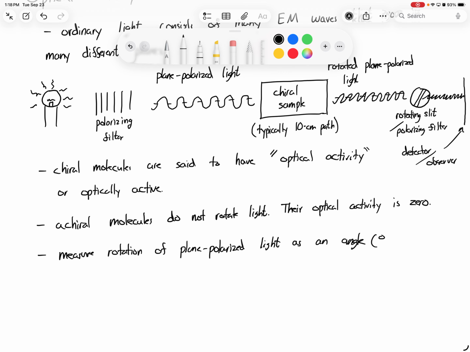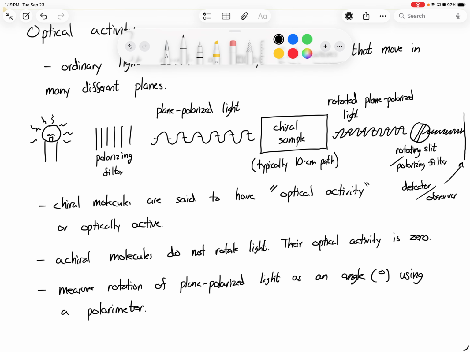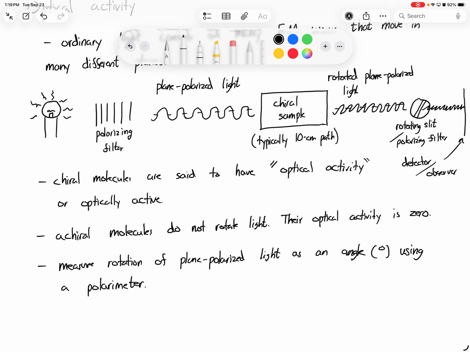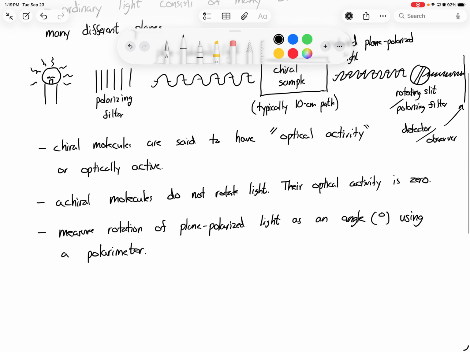It's usually some number in degrees, and we use a special instrument called a polarimeter. It's a big instrument, and you have a cell where your sample goes. So it looks very similar to this box diagram I drew up there. One side is the light, and I'll talk about how we measure it, like what light exactly we use.